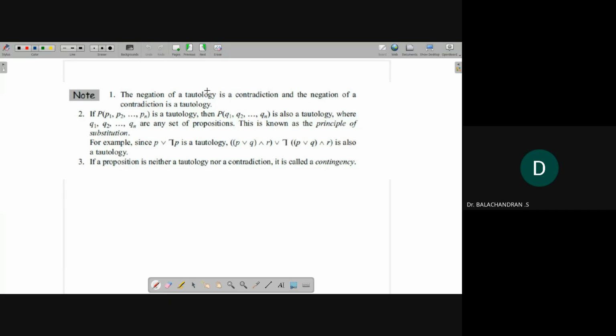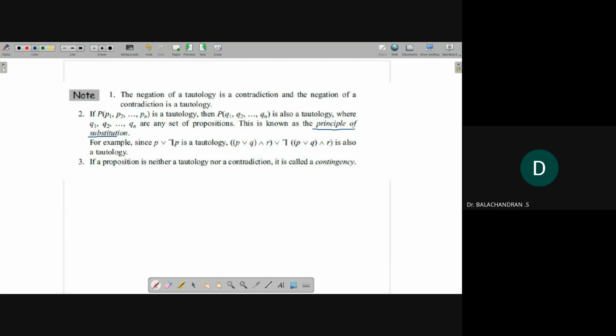The negation of a contradiction is a tautology. Second, if P of P1, P2, Pn is a tautology, then P of Q1, Q2, Qn is also a tautology, where Q1, Q2, Qn are any set of propositions. This is known as the principle of substitution.